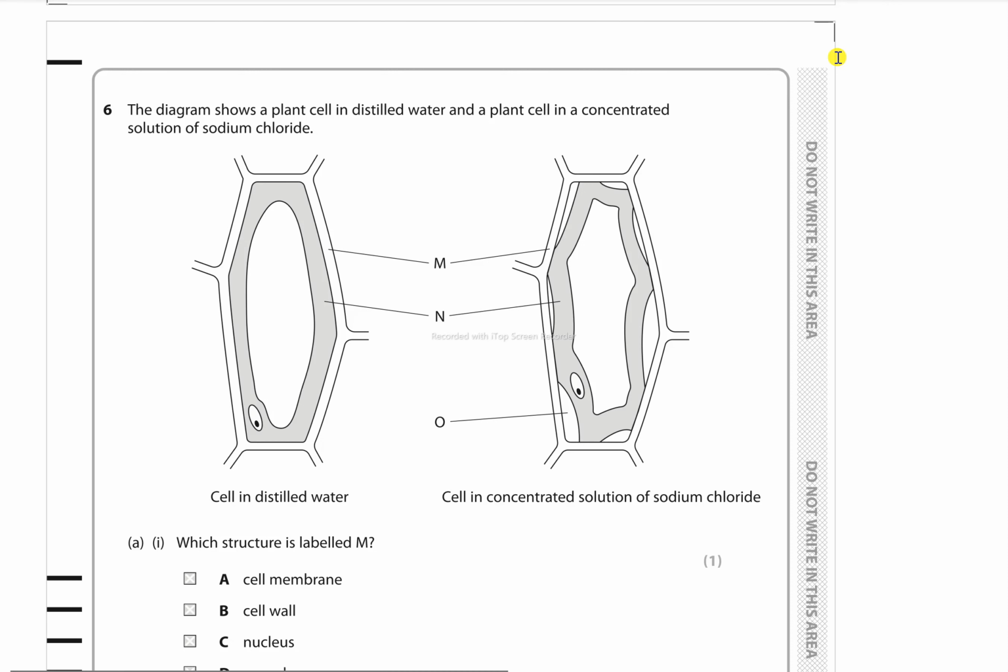Question 6. The diagram shows a plant cell in distilled water and a plant cell in concentrated solution of sodium chloride.